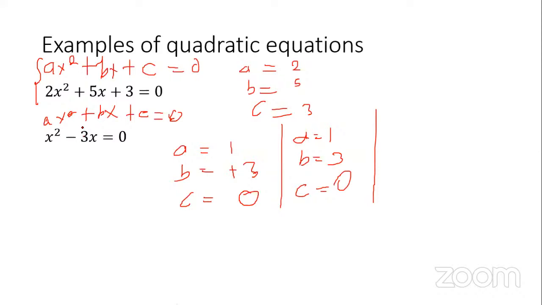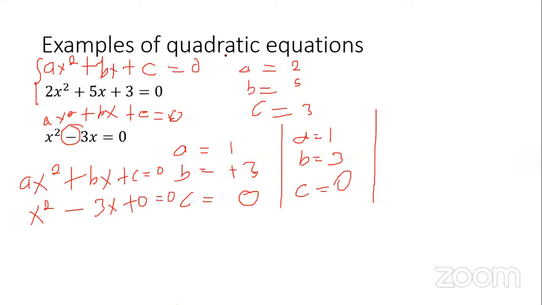So it seems most of us are ignoring this negative here. If we have ax squared plus bx plus c equaling to 0, and then we have x squared minus 3x plus 0 equaling to 0, and we have said a is equal to 1, then this b should take up whatever is here.